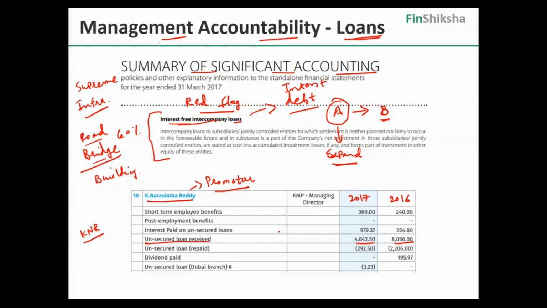On what basis? Absolutely no idea. Why has it been given? Absolutely no idea. They have paid back unsecured loans over the years. So out of 80 crores, they have paid 2 crores, or rather 3 crores. Why have they taken 80 crores? No idea. What will they do with the 80 crores? No idea. So that's a second red flag.